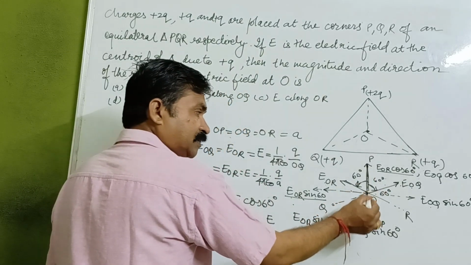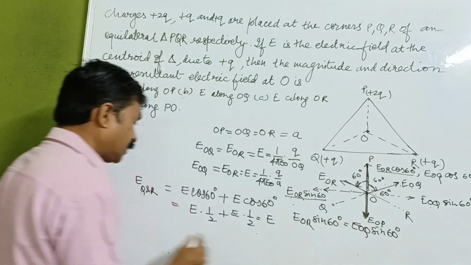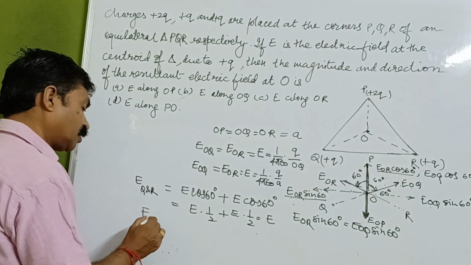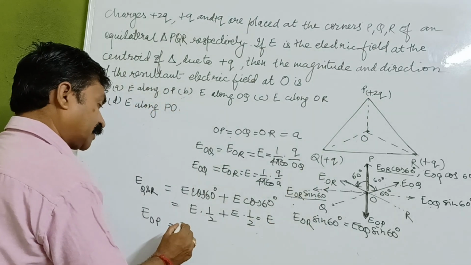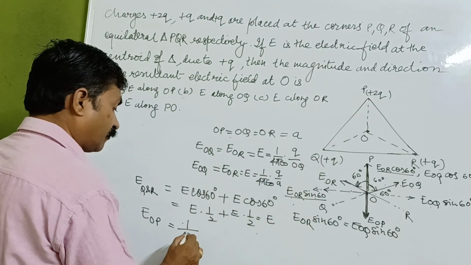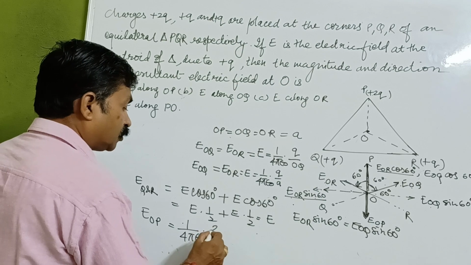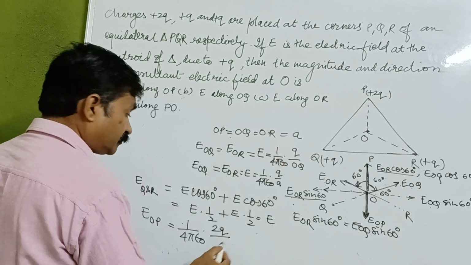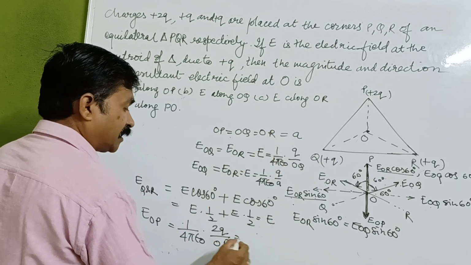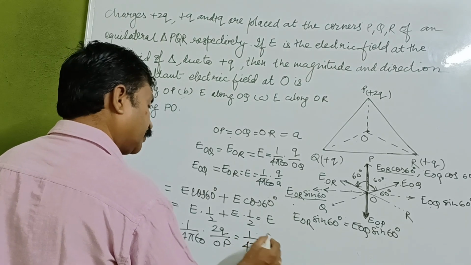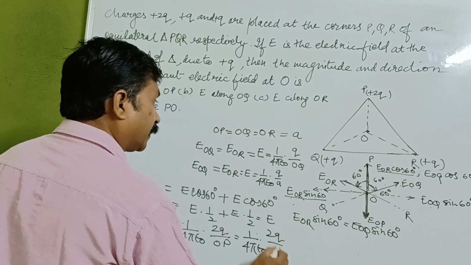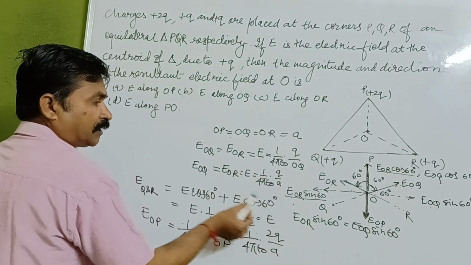And now the electric field which is acting in the opposite direction is EOP, the charge being 2Q. So the electric field that we can take here is 1 upon 4 pi epsilon naught, 2Q upon OP. Now OP we can take as A, so 1 upon 4 pi epsilon naught into 2Q upon A. Now we will go through this relation.